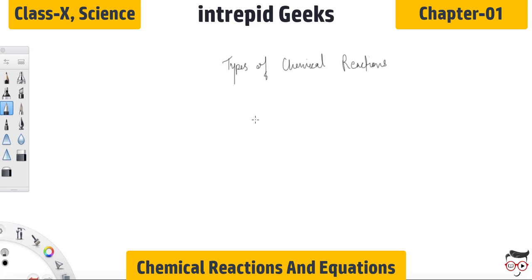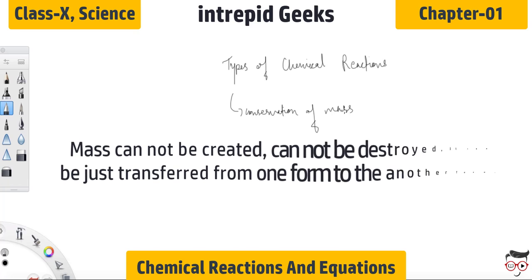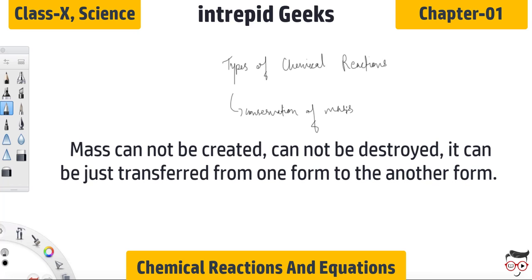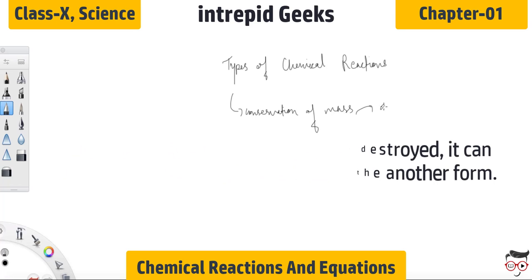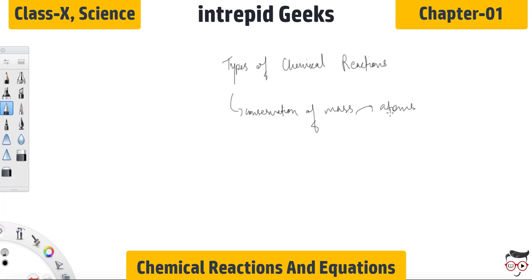So students, you must have learnt about the conservation of mass, which states that mass cannot be created, it cannot be destroyed, it can just be transferred from one form to another form. Similar is the case with atoms also. Atoms cannot disappear from a mixture, or appear in a mixture.